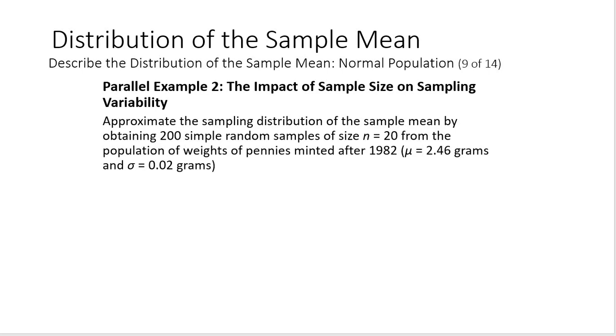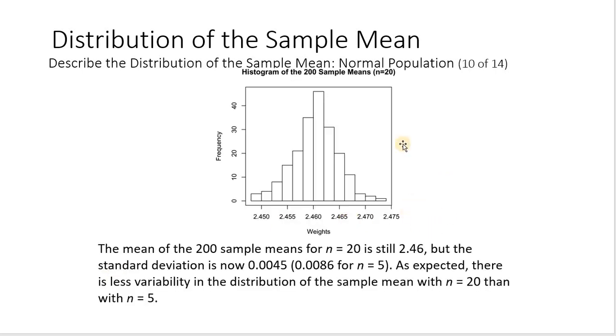If we obtain samples of size 20 and compute all of the sample means, then for that distribution of sample means we still have the same mean. However, the standard deviation is slightly smaller now.